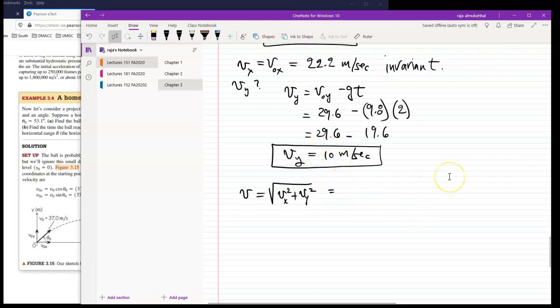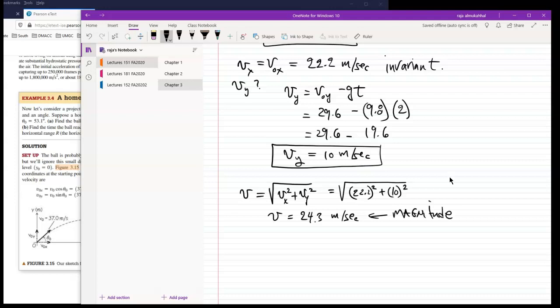I'm just going to plug them in there, and that's going to be equal to the square root of 22.2 squared plus 10 squared. So I have 22.2 squared plus 100 under the root, and that will give me this. The answer is going to be 23.3. I hope I did it wrong. I did not do it wrong. 24.3 rather, meters per second. This is the magnitude.